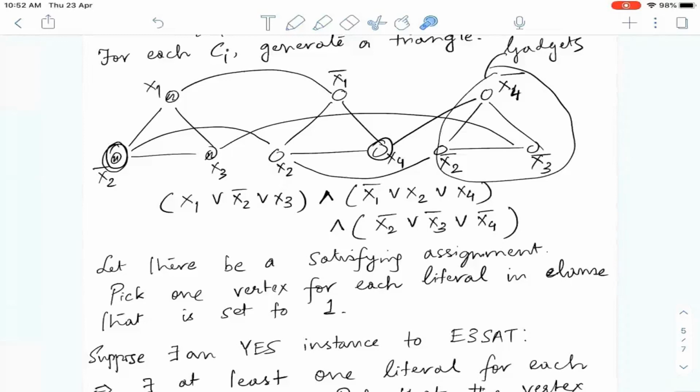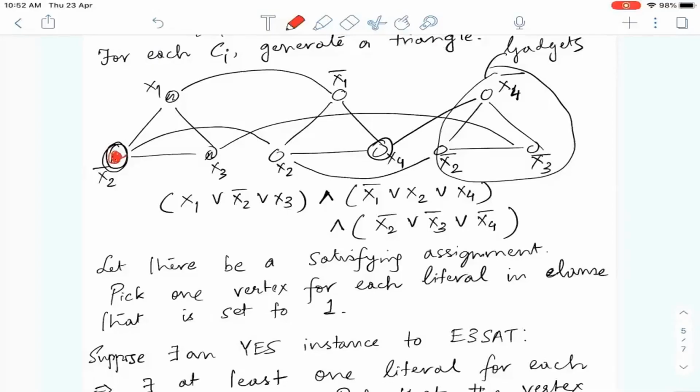Now, if these two pieces of information are given to us, then we can do exactly the opposite of what we did for the other side. Look at your independent set. Every triangle corresponds to a clause, so you just make the corresponding literal 1. What I mean precisely is the following. Suppose this is your independent set. I don't know if this is a correct answer, maybe this is a wrong assignment.